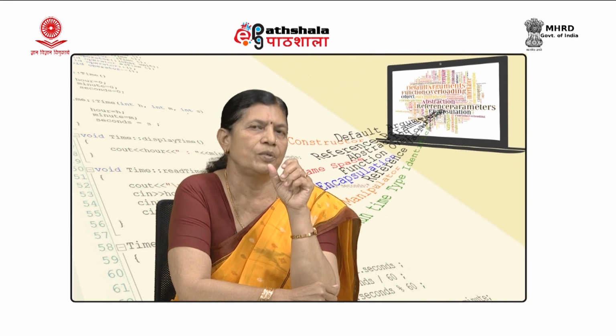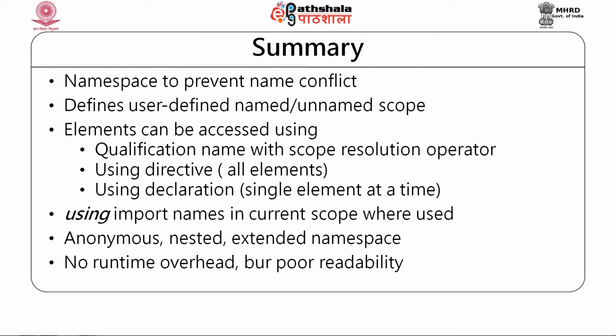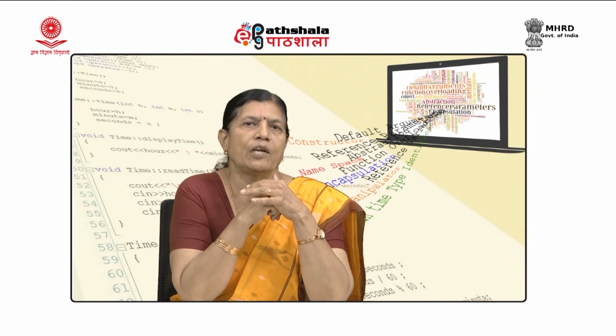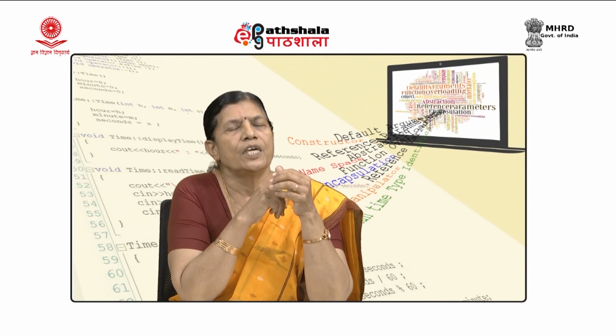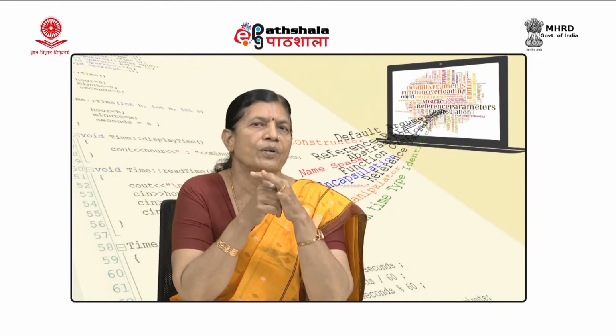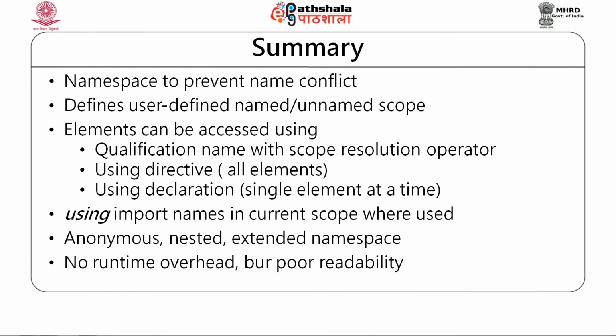To access the elements, there are three ways. One is using the fully qualified name using the scope resolution operator. Another is using the keyword using, where the using directive will import all the elements from the namespace. A using declaration can be used to import only a single element at a time from the namespace.